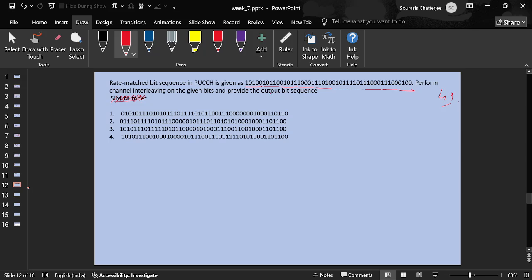Maybe I made some mistake. Let me recount: 5, 10, 15, 20, 25, 48. Okay, take 48 in notepad. So it's 48 total. So I should calculate the T here, right?